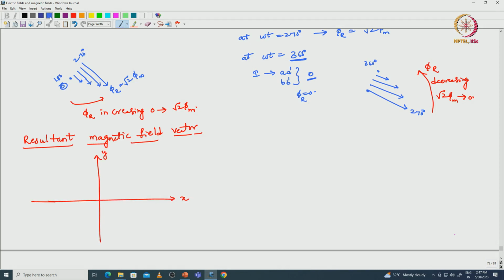So, first we will consider omega t equals 0. At omega t equals 0, the flux vector magnitude is 0.